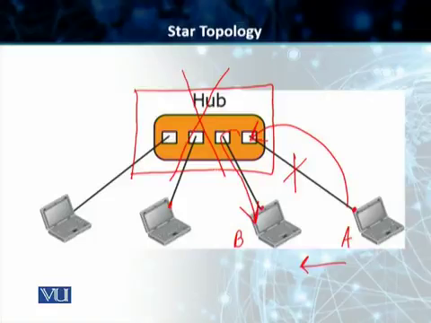A single bus that's originating from a server with multiple devices attached to that single bus using a tap will only use one centralized channel or one centralized link as compared to the number of links used in a star topology. In the star topology, if you have got n devices, you will need n links to be connected to the hub.